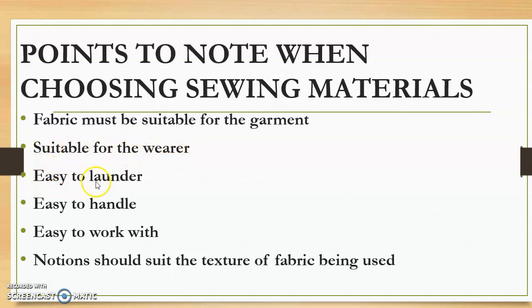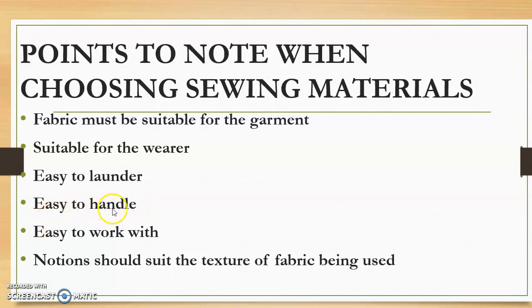It should be easy to launder, that is to wash and iron. There are certain sewing materials we put in our clothes that make it difficult to launder. For example, the metal ones, when you wash them, after a while you see that rust begins to form around it. The sewing material should be easy to handle.